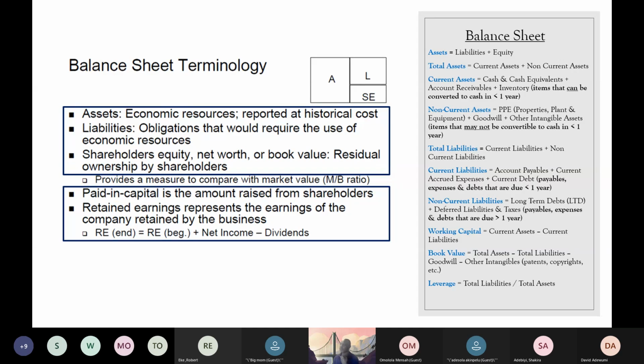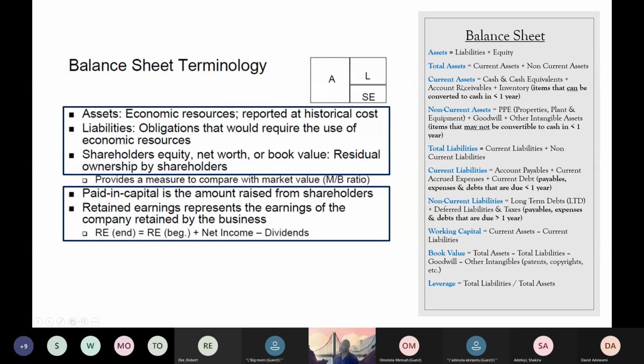Now, there are a couple of other terms that you will see on the balance sheet that I want you to be cognizant of, and we'll look at an example tonight. The number one item is the total assets. Total assets is the summation of current assets and non-current assets.